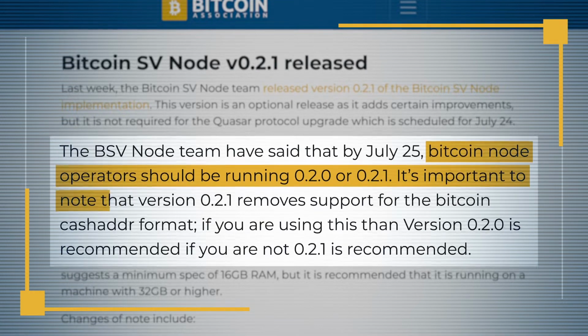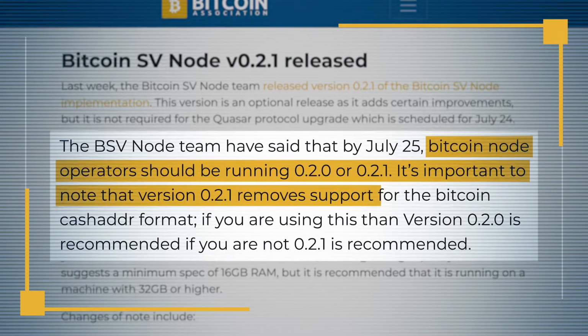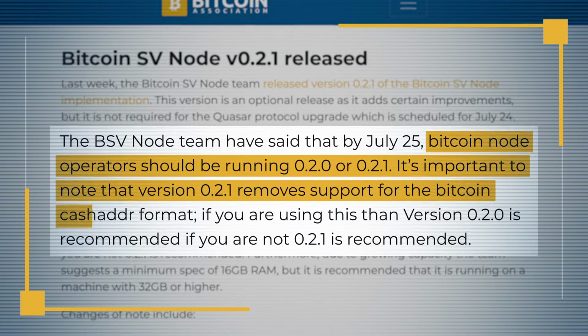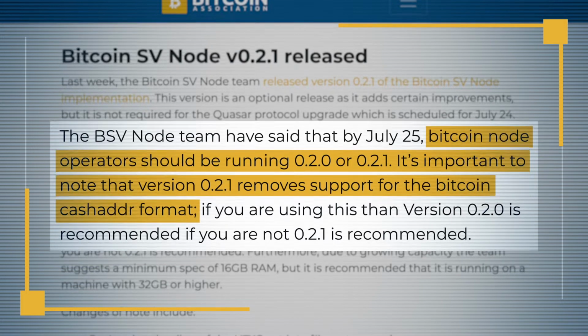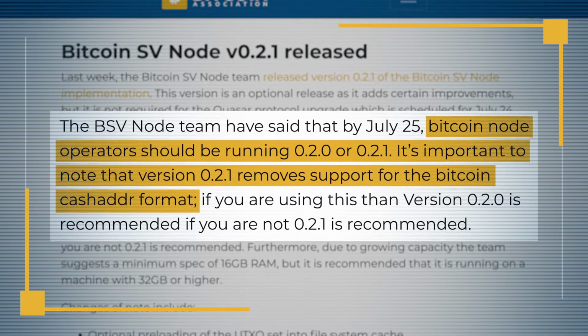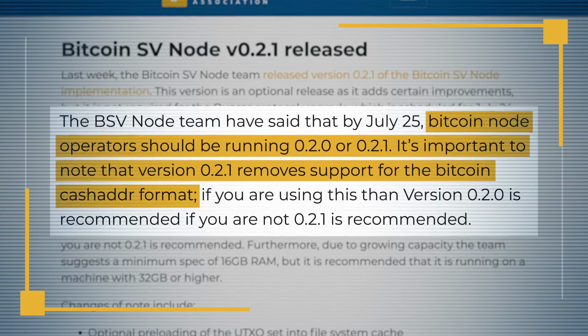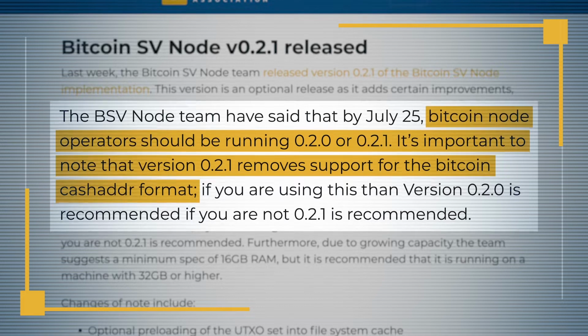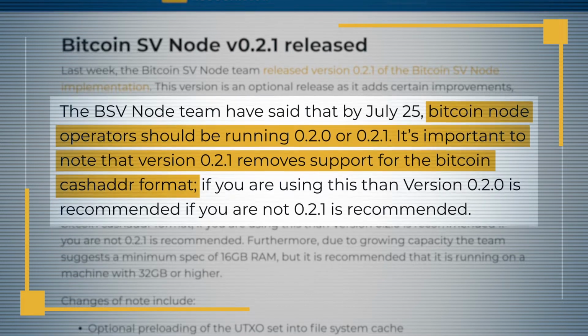It's important to note that version 0.2.1 removes support for the Bitcoin ABC cache address format. So if you're using the cache address format, it's recommended that you use version 0.2.0 of the node implementation, not 0.2.1.